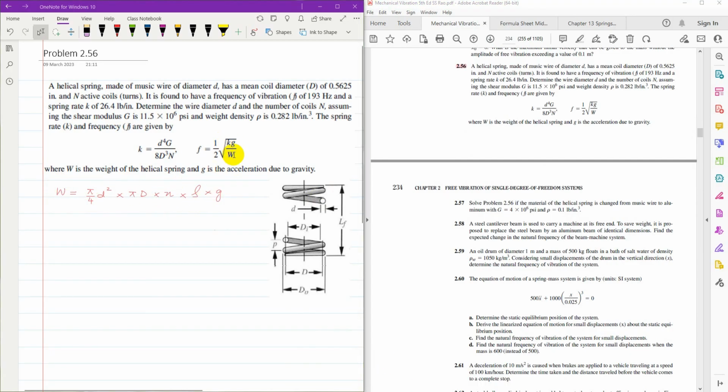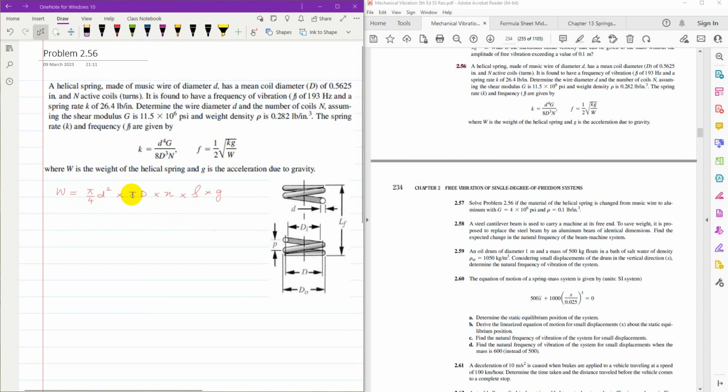So in this formula, this W is meant to be mass, or otherwise this weight is equal to volume times density.